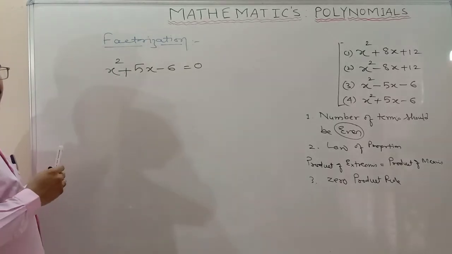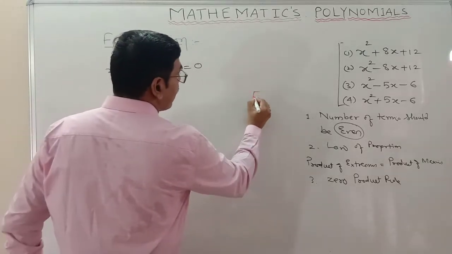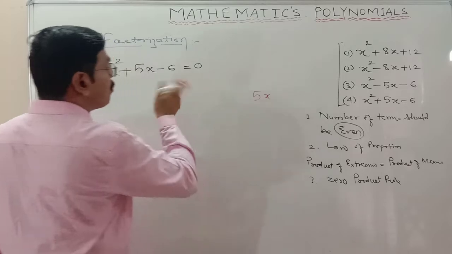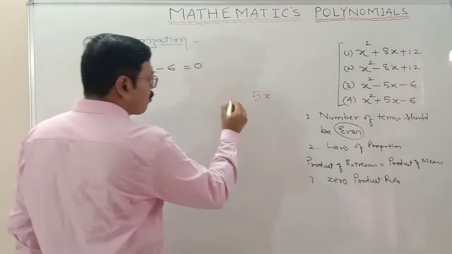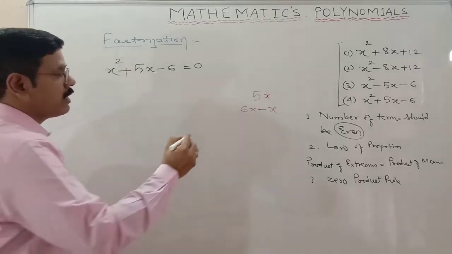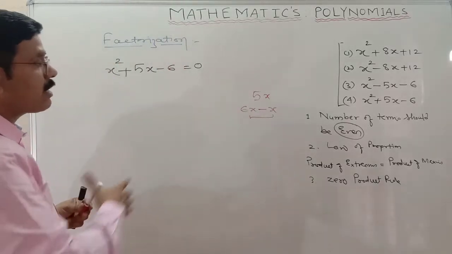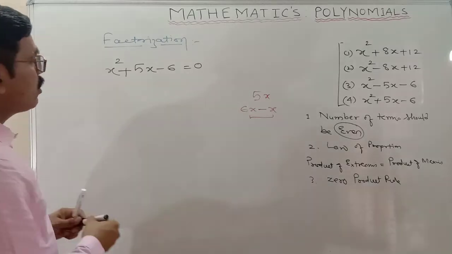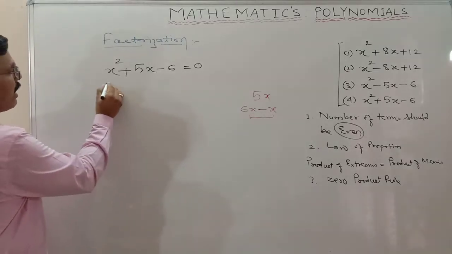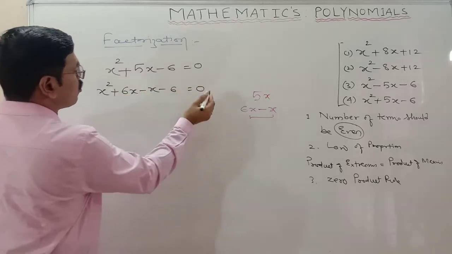Now this plus 5x will have to be split in such a way that the product becomes minus 6x square. No problem, my dear students. 6x minus x, you may see that the product is minus 6x square, whereas the sum is plus 5x. That's quite simple. Here we'll write x square plus 6x minus x minus 6 is equal to 0.